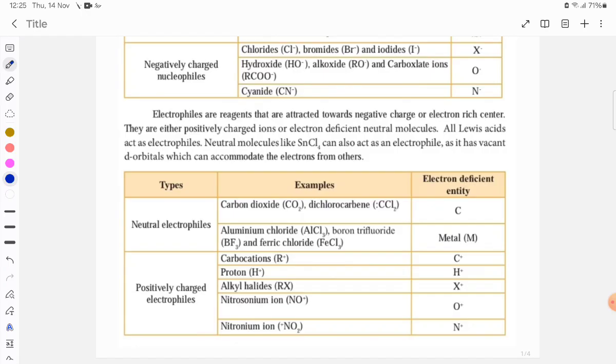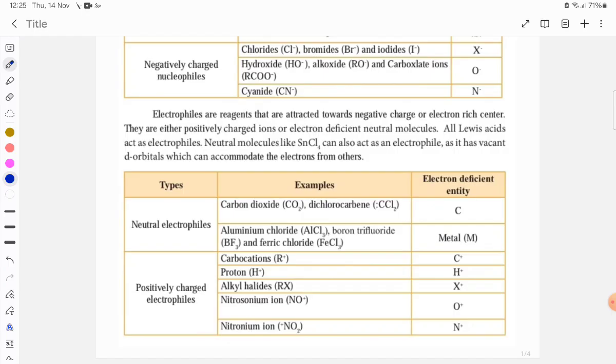And positively charged electrophiles: carbocations, in general C plus, having a positive charge on carbon, and the proton H plus, also electron deficient. And alkyl halides, where the halogen has a positive charge. And the nitrosonium ion NO plus, where there is an electron deficient center.